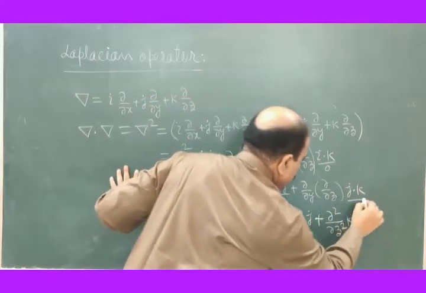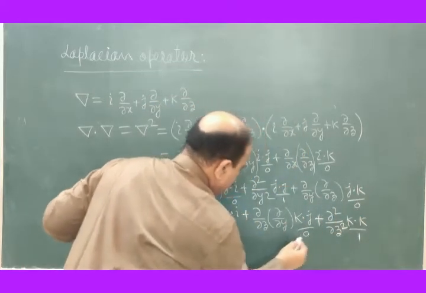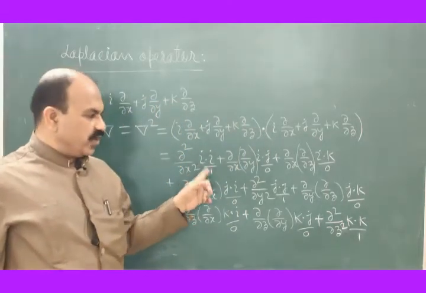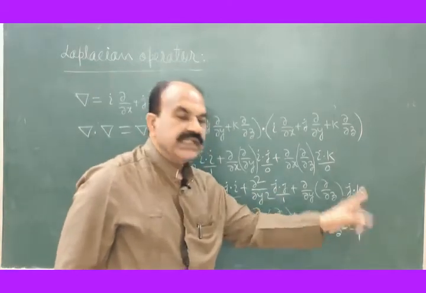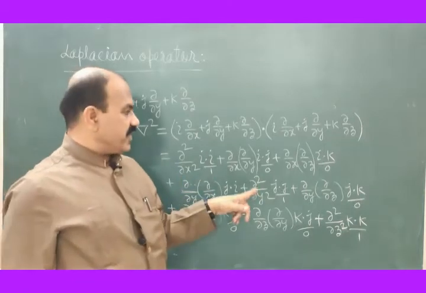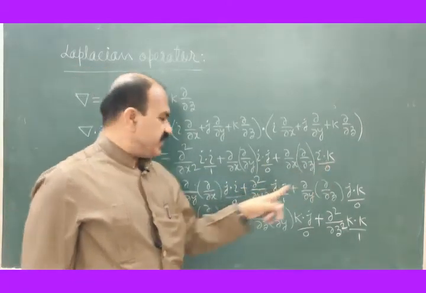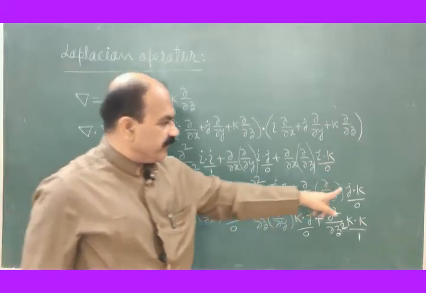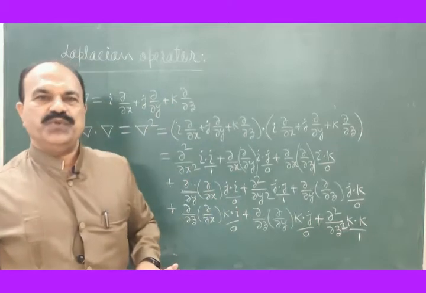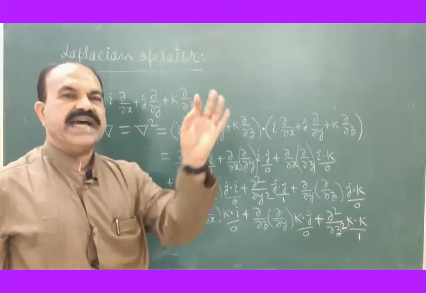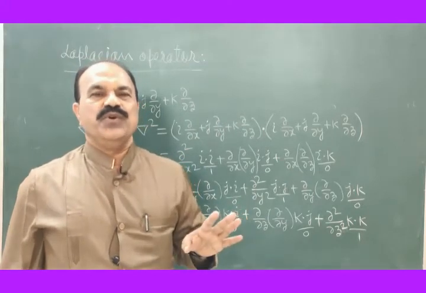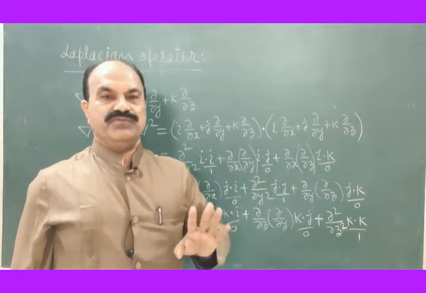Value of remaining dot products, this one, this and this is 0. So out of these 9 terms, 6 terms will become 0, only 3 terms will survive.